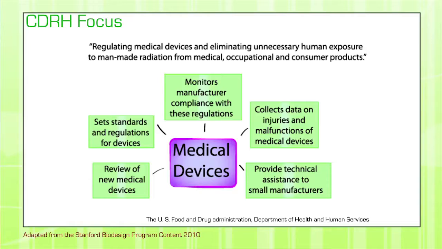You might think these might not change a lot, but with the advent of new medical technologies, biological devices, combination devices, and many others that are sometimes within the scope of both drugs and devices, the creation of new standards and regulations is something critical for the success of this agency.